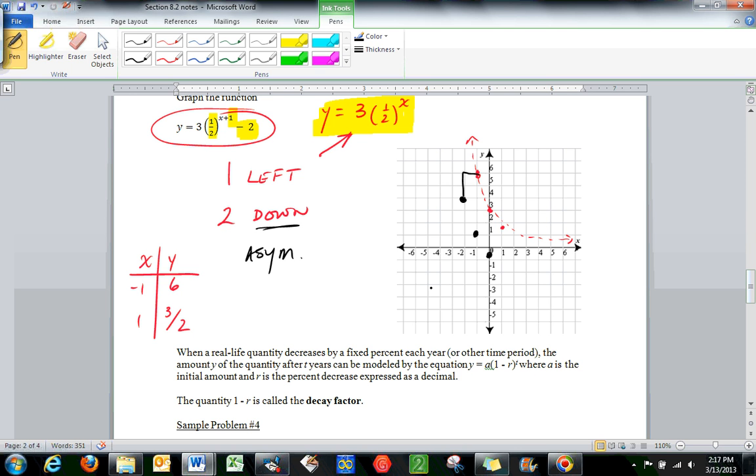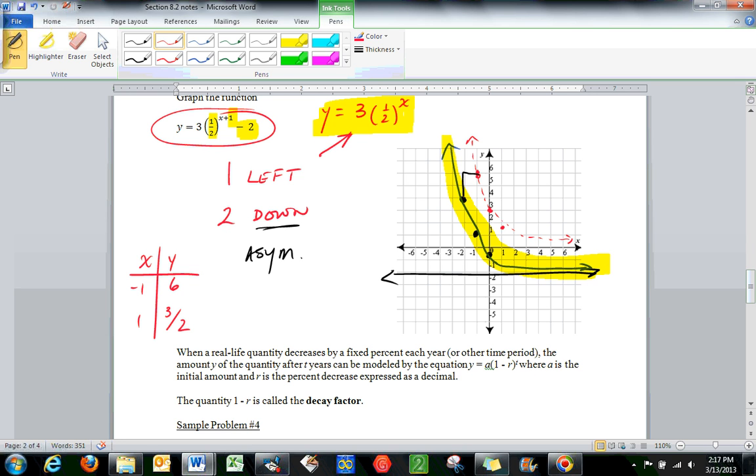So instead of at the x-axis, our new asymptote is going to be at negative 2 in this case. And so now I have new points, and I can graph through those points as best I can and then curve it off on our new asymptote. So the actual answer in this problem is the blue graph. This is the answer that we're looking for here. The red graph is just a guide to help us with our shifting component.